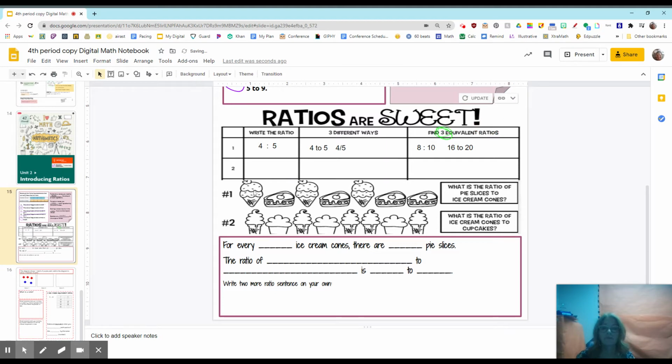3 for each. Okay, and you're going to do sentence number 2. Down below, you have to practice doing the sentences.